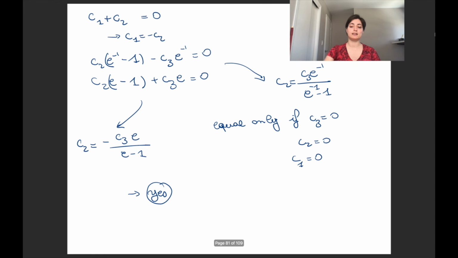You can plug that in, and you find 2 solutions for c2 as c3 multiplied by something, and each one is different. So they can both be satisfied only if c3 is equal to 0. So c2 must be equal to 0, so c1 must be equal to 0. So yes, 1, exponential of t and t exponential of t on the interval -3 to 3 are linearly independent.